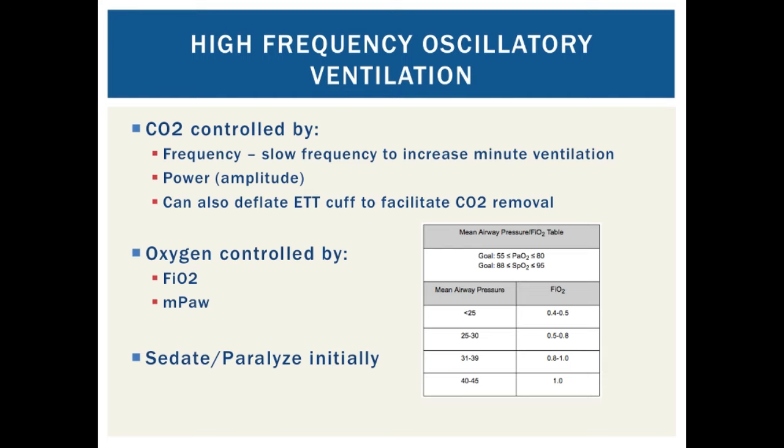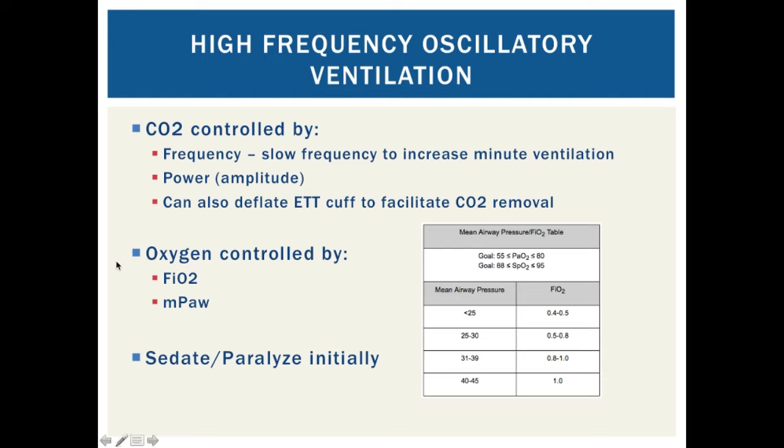The idea is the slower you go, the bigger the breath in and out they're going to take. Just think of your dog again who's panting really quickly. He's getting very small tidal volumes, and then as he slowly slows down his breathing, he starts taking bigger and bigger breaths. That's the idea. It's a little counterintuitive at first, but I think it makes sense.